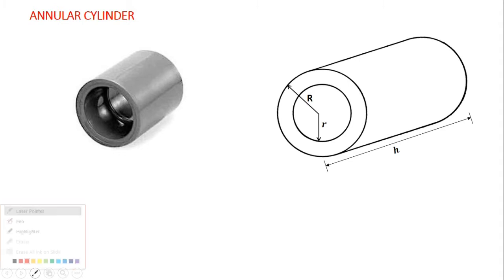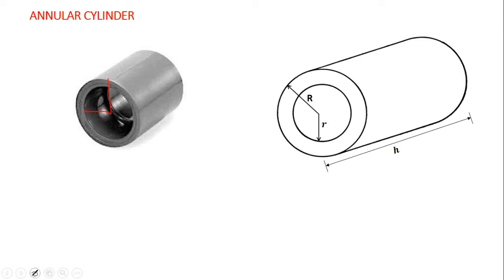So in this diagram here, the distance from the center to the surface of the inner cylinder is called the internal radius. And the distance from the center to an end of the outer cylinder is called the external radius.